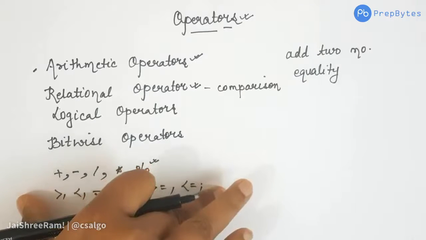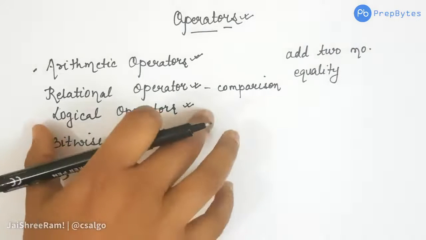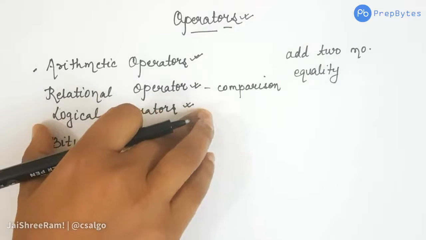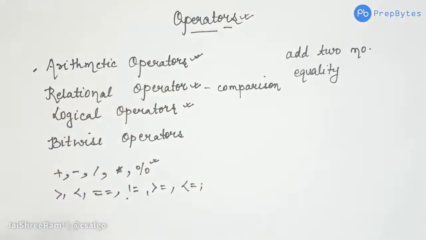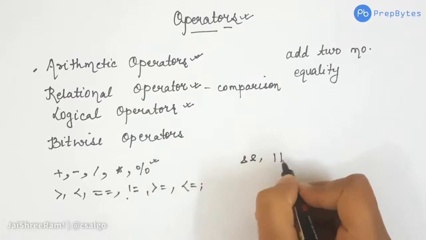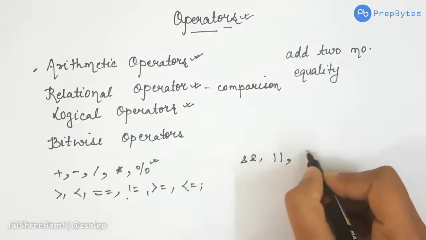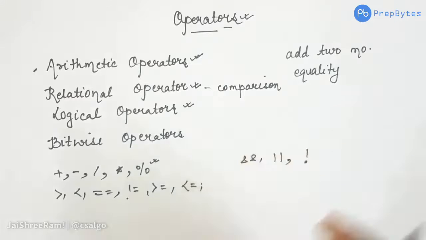We will talk about each of them one by one. Logical operators generally give the output as true or false. The operators that we have in logical are logical and, logical or, and logical not. We will talk about each of them.